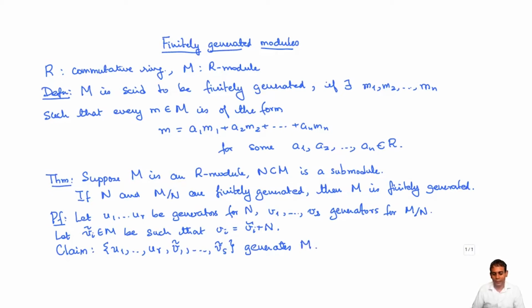I need to show that given any element m of M, I can write it as a combination of these things multiplied by scalars, so a linear combination of these elements. So take any given m in M, and its image in M mod N is m plus N.